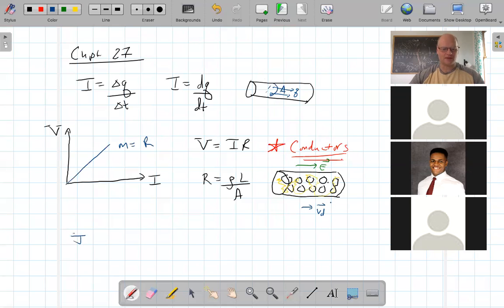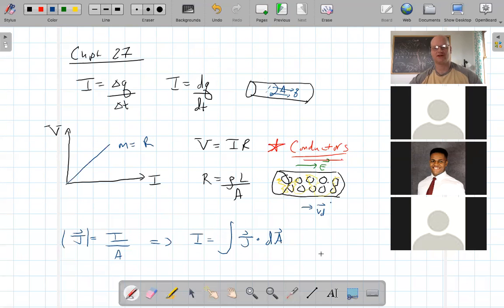From here, we talked about the microscopic version. So we had the current density. The current density, at least the magnitude of it, is equal to the current per meter squared, which means that the current is equal to the integral of the current density dotted with the differential area.